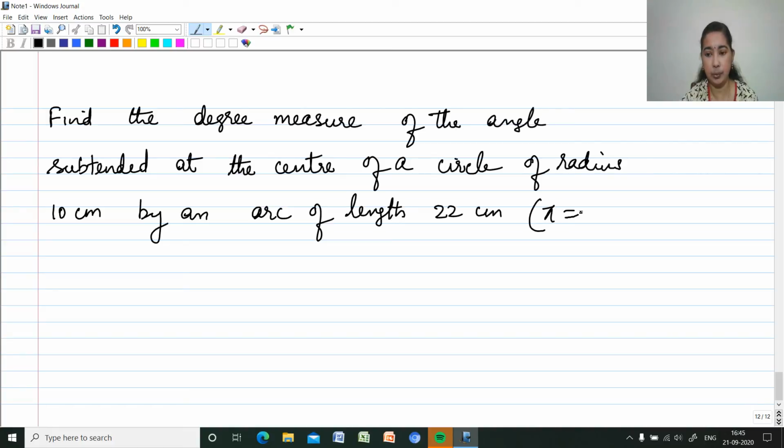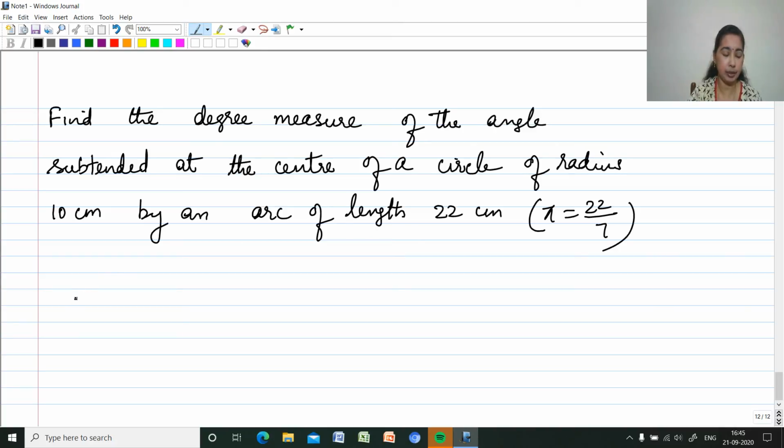Use pi is equal to 22 by 7. So it is asked for the degree measure of the angle subtended at the center of a circle of radius 100 centimeter by an arc of length 22 centimeter.